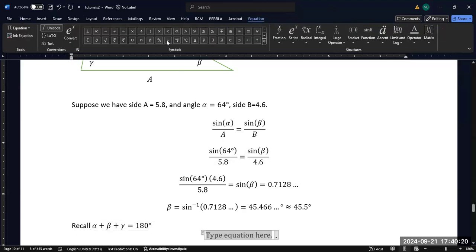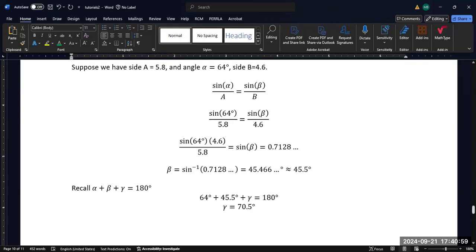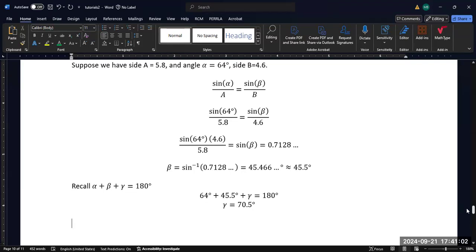So in this case, I have 64 degrees plus 45.5 degrees plus gamma is equal to 180, which means my third angle, 64 plus 45.5, is 109.5, and then that leaves me with 70.5 degrees.